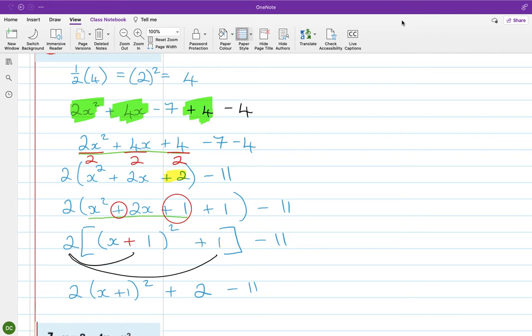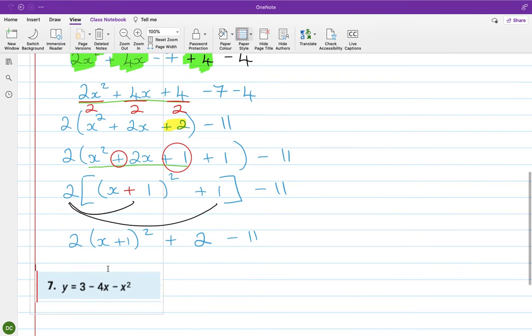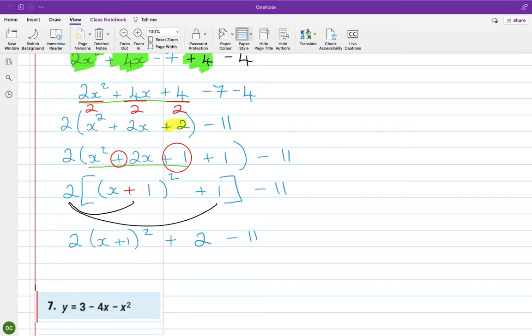So the last line is 2 by x plus 1 to be squared minus 9, and I can get my minimum turning point to be minus 1 by changing the sign of the number in the bracket, and then keeping the sign of the number outside, which is minus 9. That's the minimum turning point.